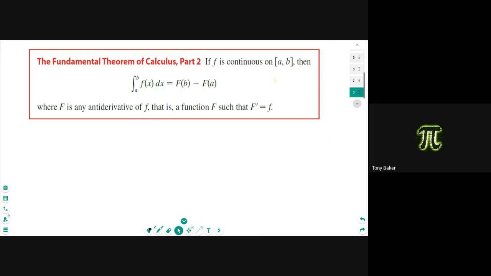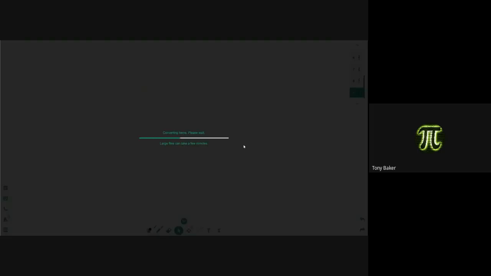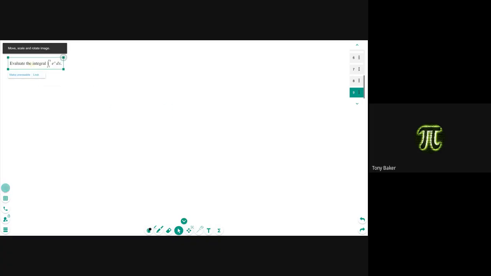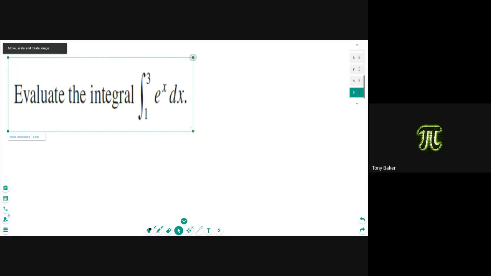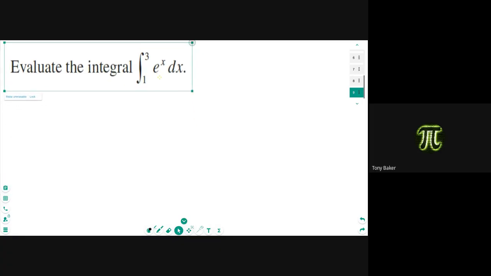This is literally what we did at the beginning of class. When you were plugging the numbers in, that's all that rule says. All right. Find my integral.